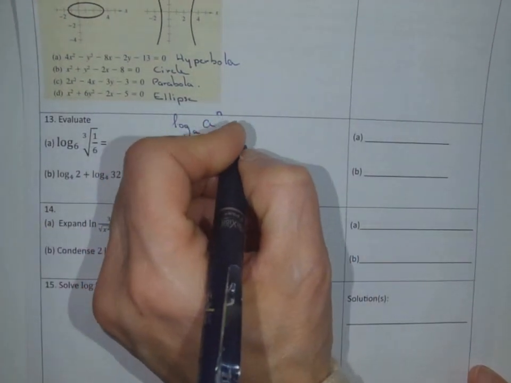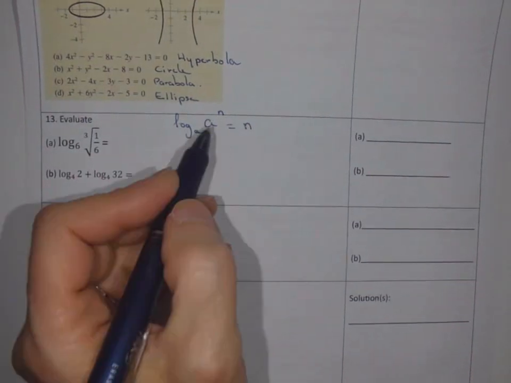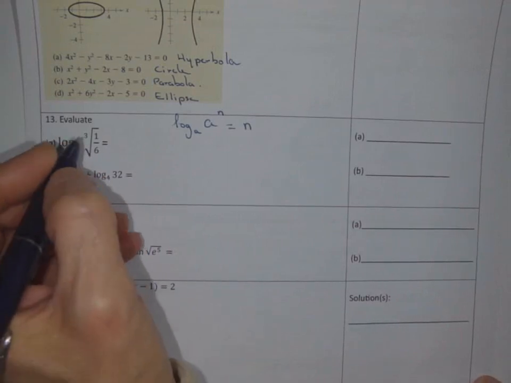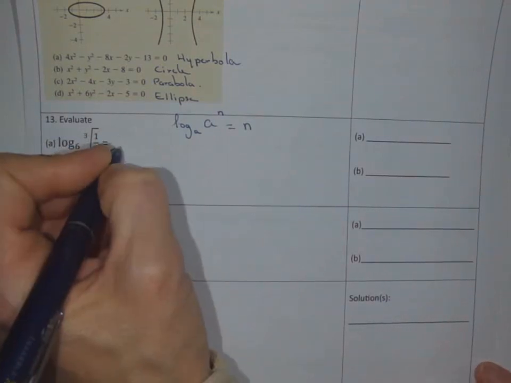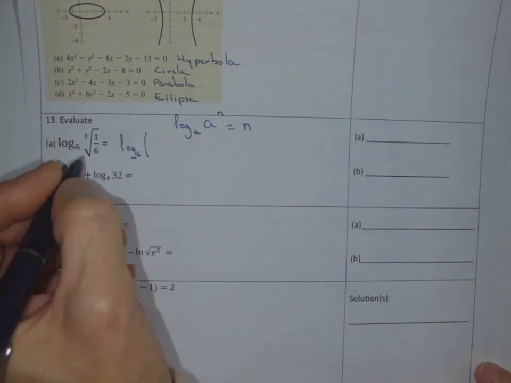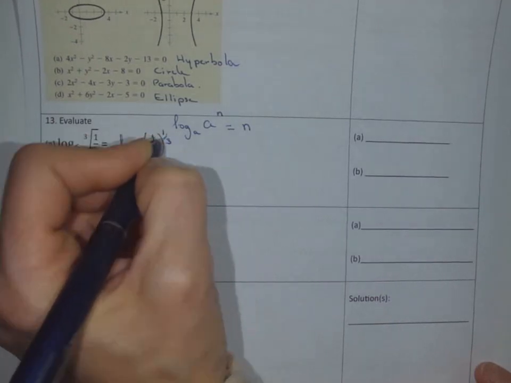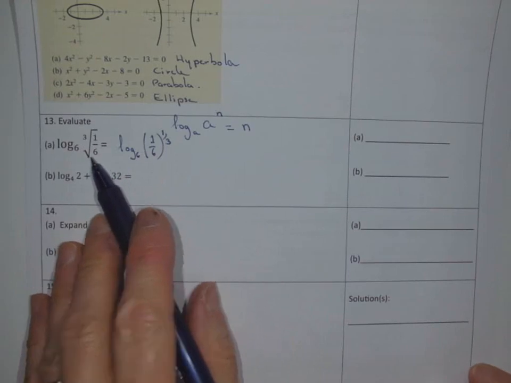Because then that will just be equal to the exponent, because those two will be inverse operations of each other, so they cancel each other out. So let's try to do that. We're going to rewrite that cube root using an exponent. So that's going to be a log base 6. And instead of having a cube root, we're going to have 1 over 6 to the 1/3. A 1/3 exponent is a cube root.